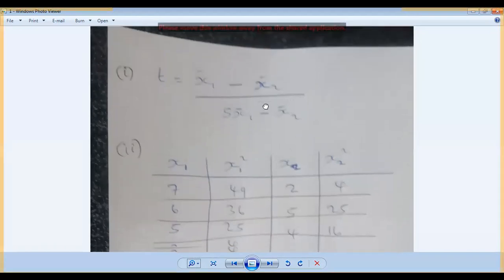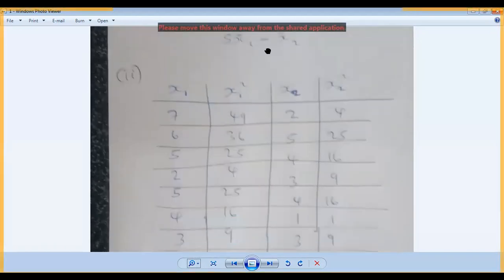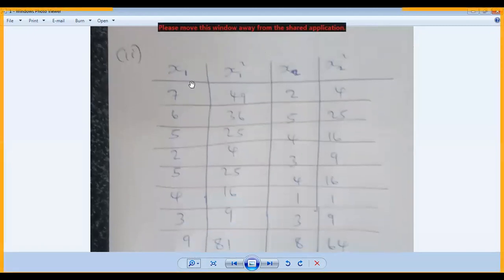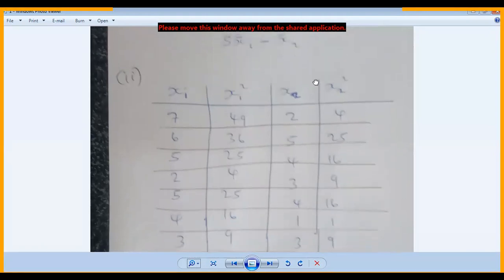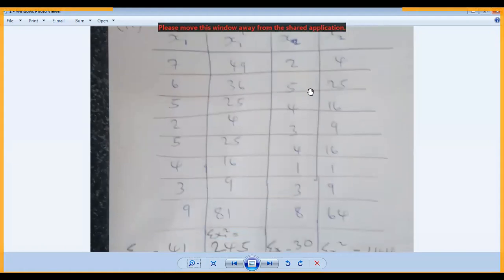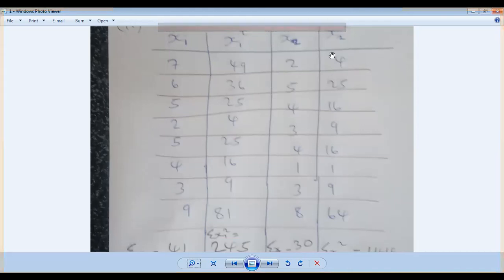And we now look at the two groups there, x1 and x2. x1 is representing group 1 and x2 is representing group number 2. So we now have to square all the values for group number 1 and square all the values for group number 2. And then we add.